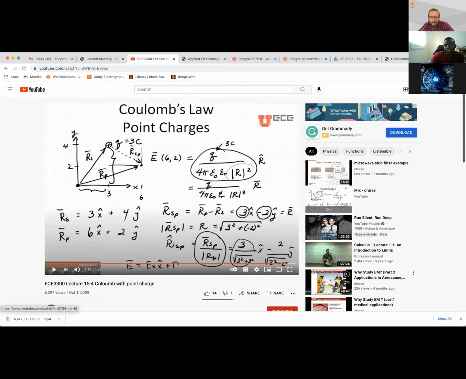But then she gave the formula for superposition, the summation of point charges using the unit vector summation, but she didn't use it in the example.